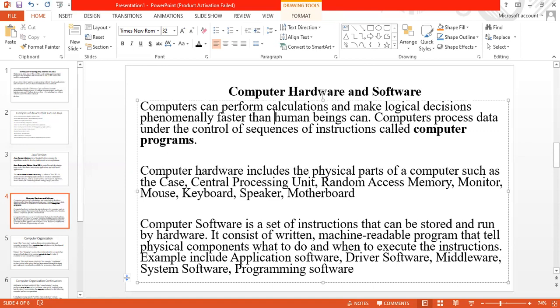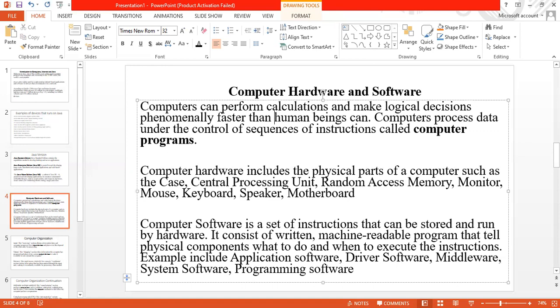These are examples of the hardware. While the software, they are set of instructions. So they are computer programs that can be stored and run by the hardware. So what are the examples of the software that we have? It consists of written, machine readable programs.